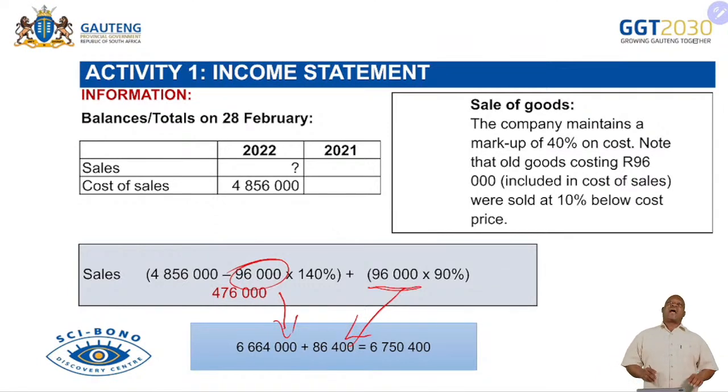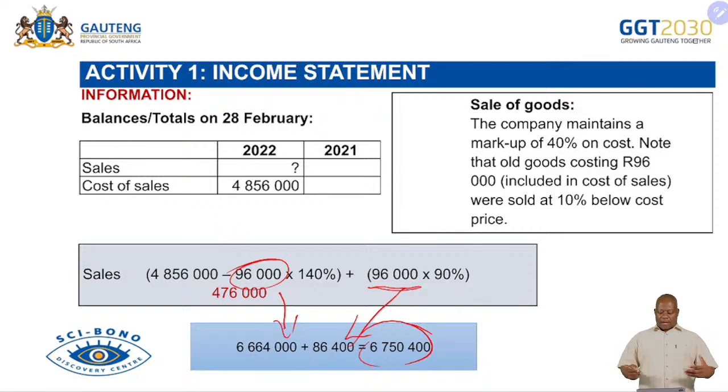It means those 96,000 worth of goods, we sold them at a loss. We accepted to lose 10% of the cost price. Anyway, these are our sales now. So we add these two figures and we are going to get this. And this is the sales figure. That's what is going to replace our question mark.